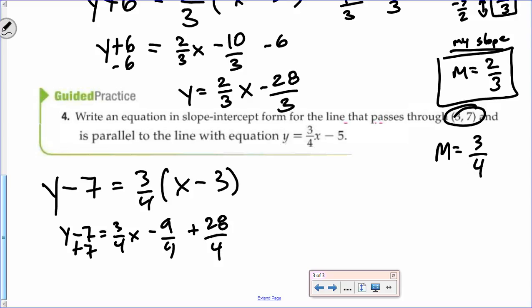Your common denominators again. y equals 3/4 x, negative 9 plus 28, that's 19/4. You can also use 0.75 if you use decimals.